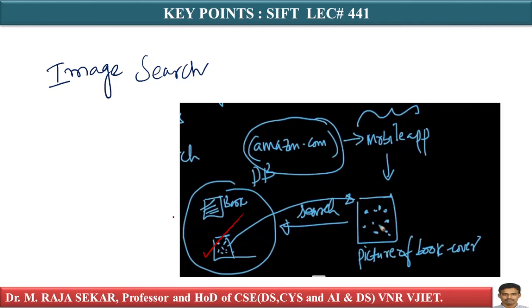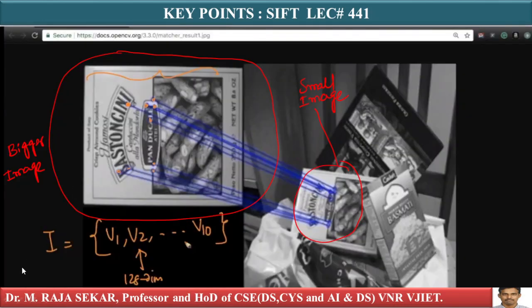As you see, the name itself is Scale Invariant Feature Transform, because here I have a bigger image, and here I have a smaller image of some object.